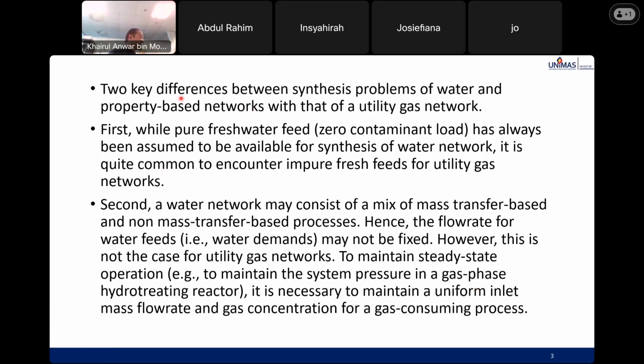Two key differences between the synthesis problem of water and the property-based network method of utility gas network. Differences between water pinch analysis and gas pinch analysis. First, while pure fresh water feed containing no load has always been assumed to be available for synthesis of water network, it is quite common to encounter impure fresh feed for utility gas network.